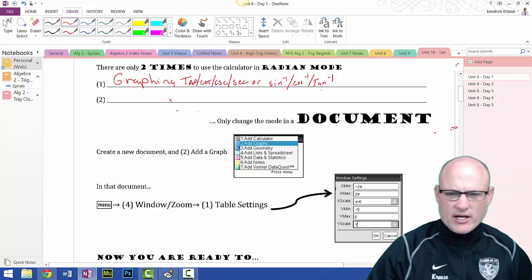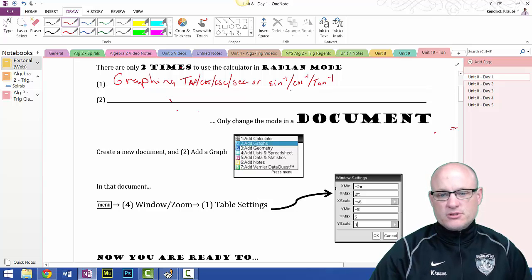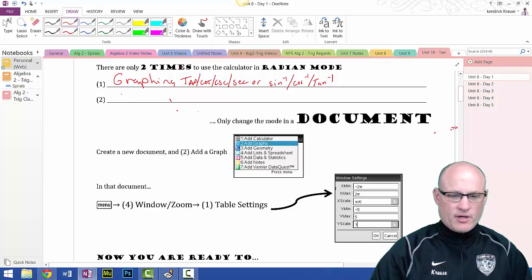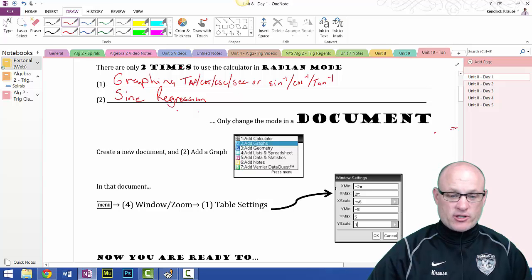Pretty much won't do anything else. So you don't really want to be in radian mode unless you're graphing these particular functions. We'll also be in radian mode when we're doing some sine regression, a little bit of trigonometric regression. Other than that, you really want to make sure that you are always in degree mode. And you want to make sure your calculator is in degree mode.